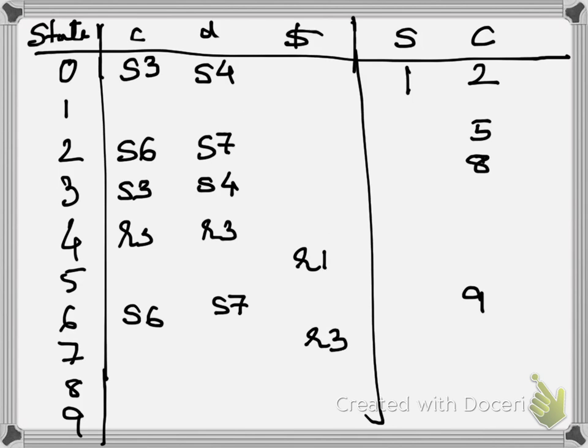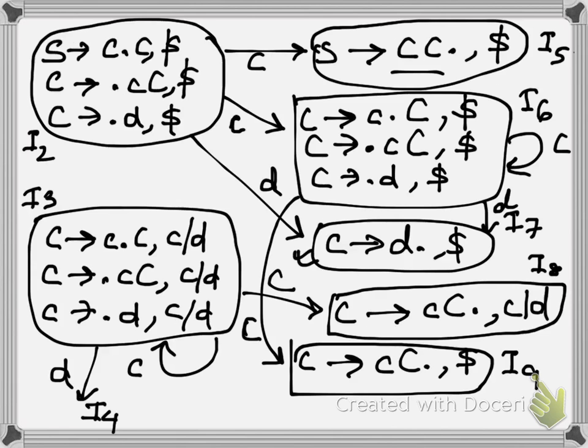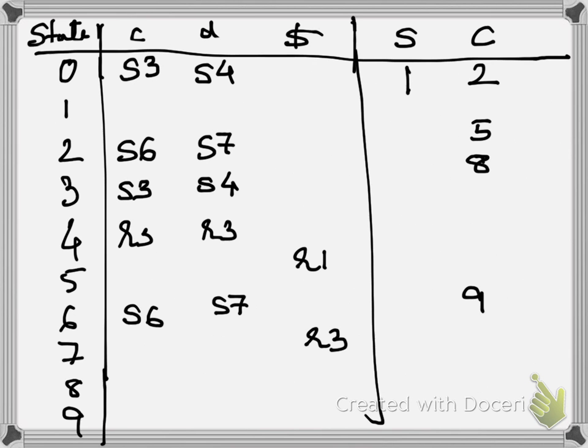And then what else do we have? This is our final item. This is production number 2. So production number 2 on state 8, we will put reduce moves under C and D. So 8, reduce 2, reduce 2 under C and D only.